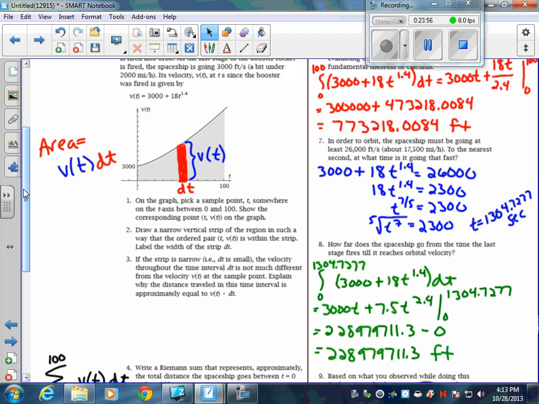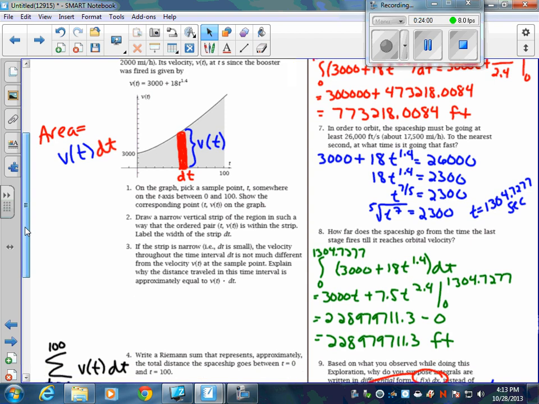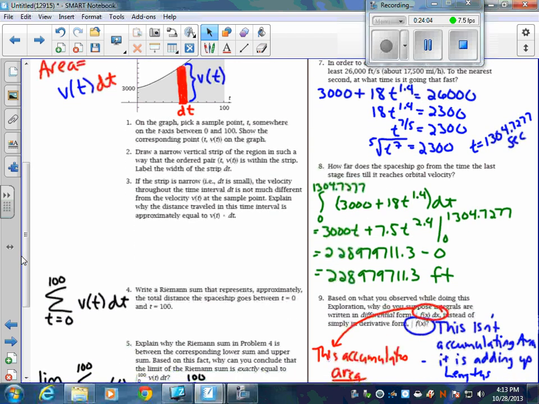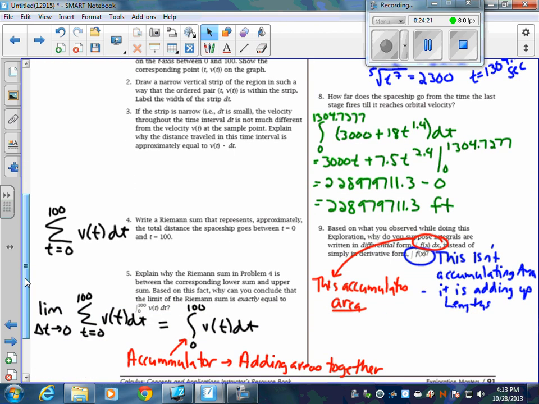I know the directions said to the nearest second, but I would use the whole thing. In number 8, I stored that value so that I could do the definite integral, and I got that the spaceship travels 228,979,711.3 feet.